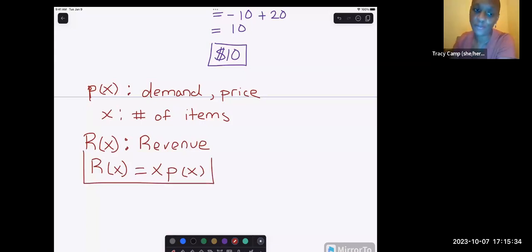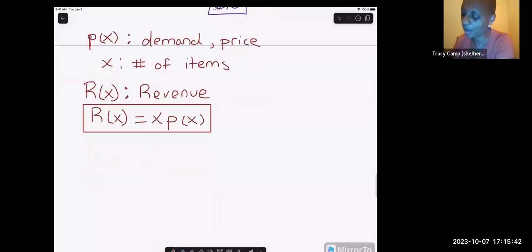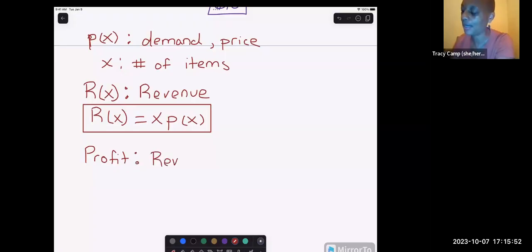And then one other formula that's going to come up for you is the profit, which this problem didn't have, but some other problems have. Profit is defined as revenue, basically the amount of money that you take in, minus the cost that you had to pay to produce whatever it is that you're selling.